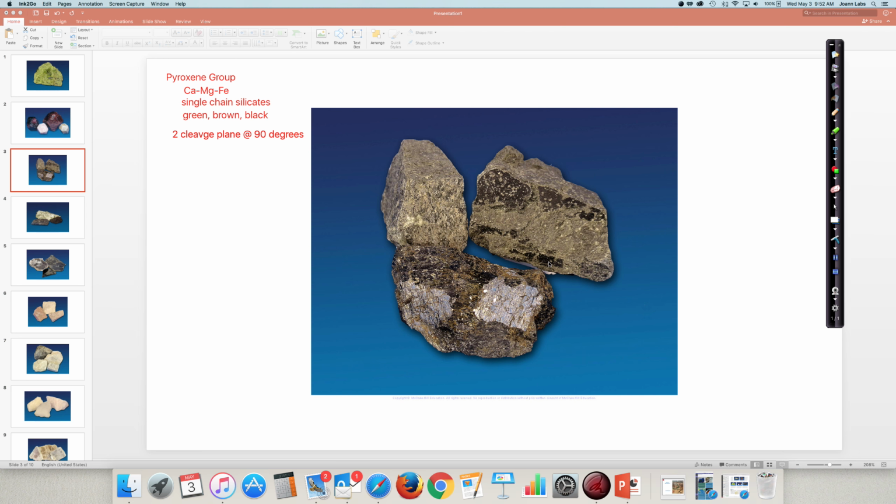So all pyroxenes have two cleavage planes almost at 90 degrees. In this one here, you can see this is almost 90 degrees. Here's the first surface, here's the second surface. That's the 90 degrees, and that's the two cleavage planes. This one, you can see this is one surface. It's hard to see, but you can see how it's making these steps. Those are the two cleavage planes. Many pyroxenes are found in mantle rocks.